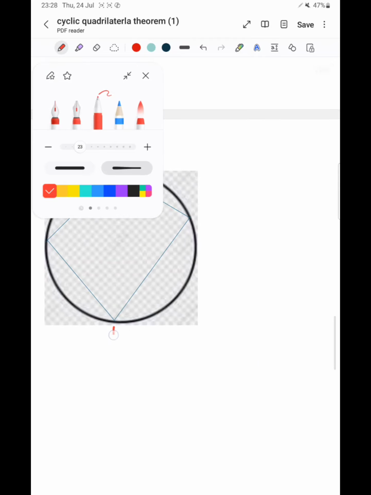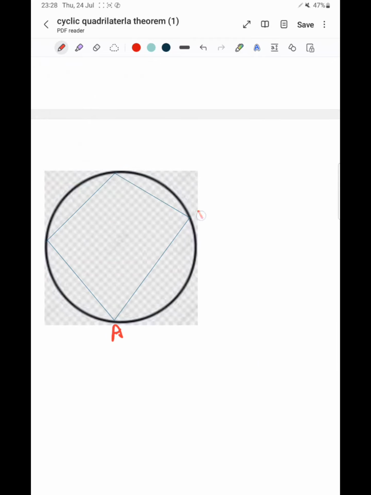This is point A, this is point B, this is point C, and this is point D. Basically, we have to prove that angle A plus angle C is 180 degrees, and similarly angle D plus angle B is also equal to 180 degrees.